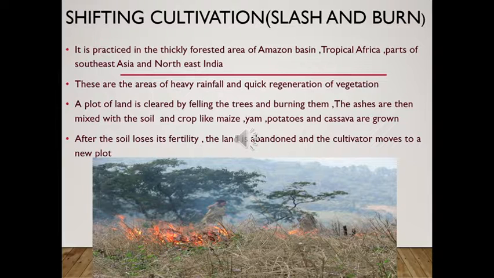After 2 or 3 years, the soil loses its fertility. Then cultivators move to a new plot.